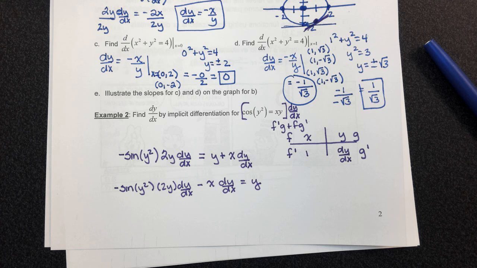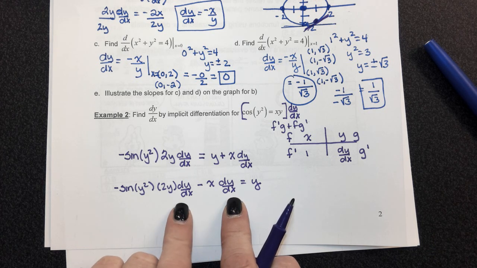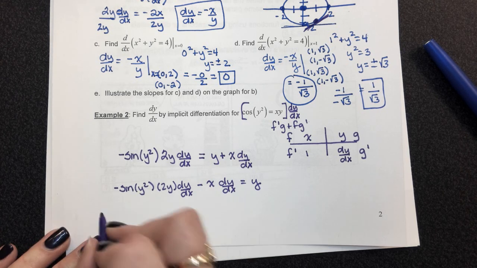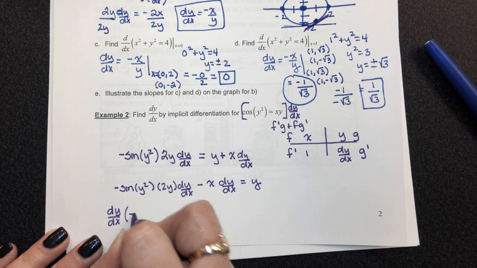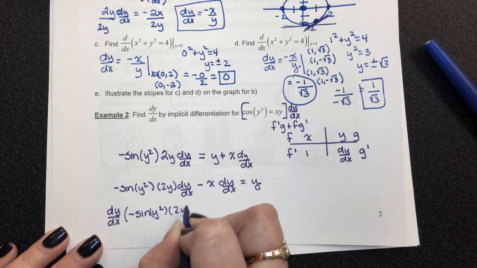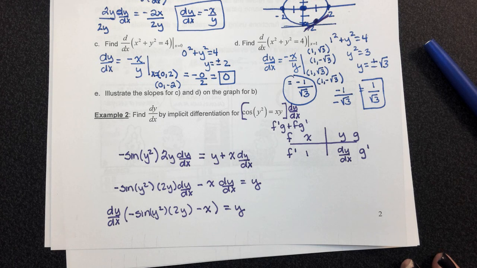The only thing I did at this point was I moved that x dy dx to the left-hand side of the equation. Now what can you factor out on the left-hand side? You can factor out a dy dx, that's what you're trying to solve for. So when you factor out dy dx, that leaves me with negative sine of y squared times 2y minus x, all equal to y.